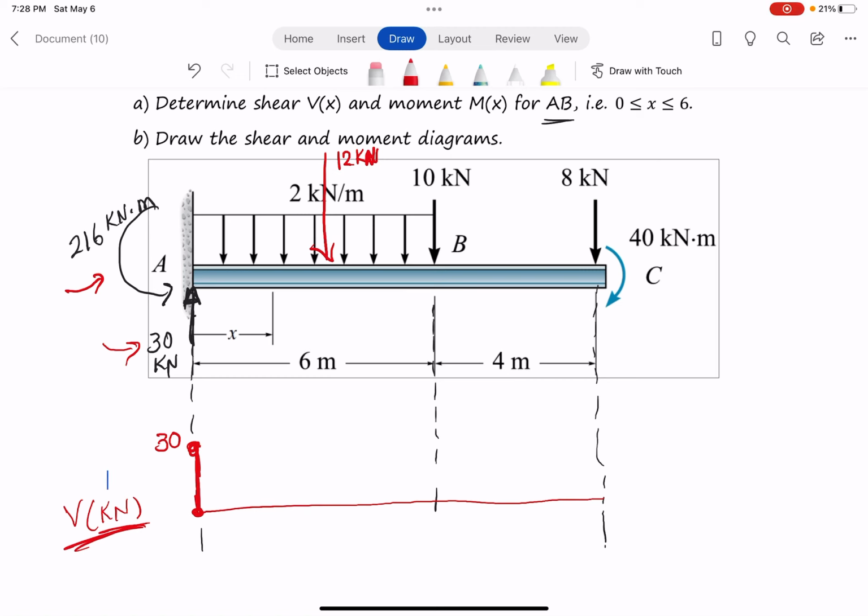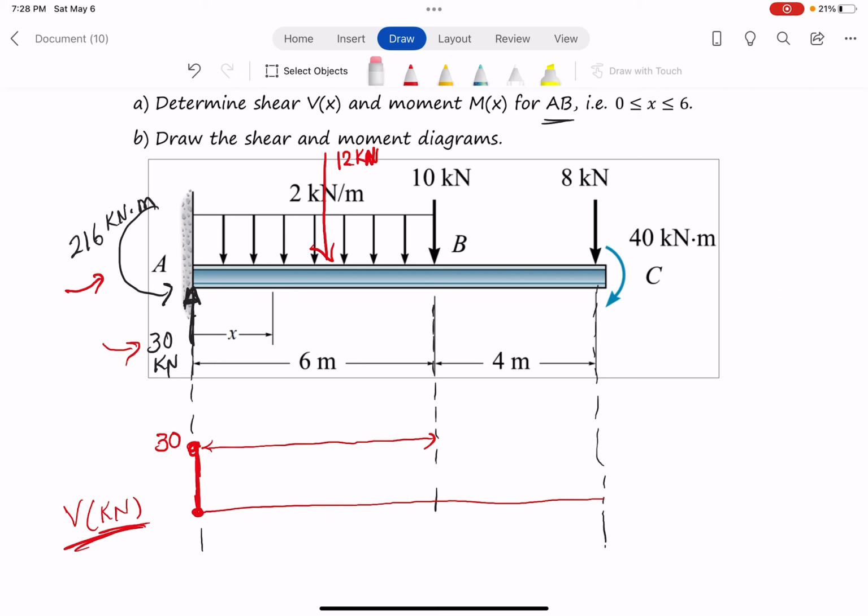So, from here to here, it is 30 minus 12, which is 18. So it's still plus.